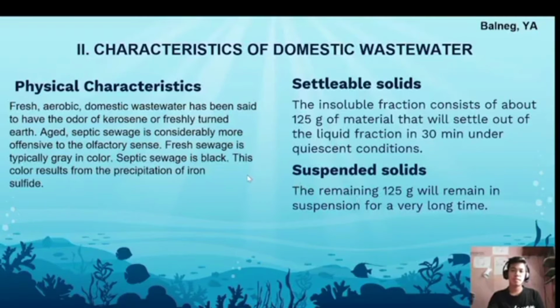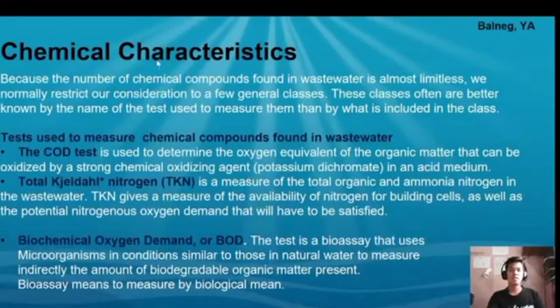Okay? So, chemical characteristics. Wastewater has chemical characteristics in the domestic wastewater. Why? Because we humans consume food, and food contains chemicals.